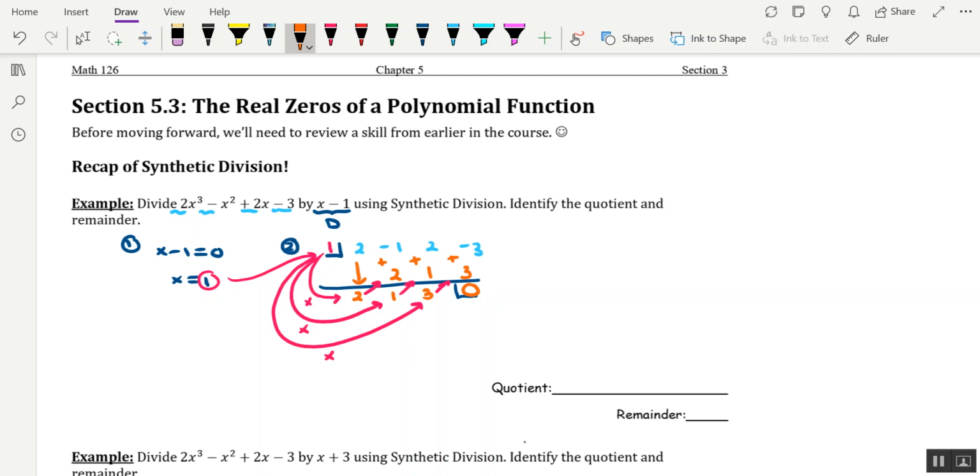The quotient is going to be a polynomial, and the coefficients involved in the polynomial are the numbers that are underneath the equal bar that come before the second half box. So namely 2, 1, and 3. Now the degree of the quotient will always be 1 less than what you're dividing. Alright, so keep in mind that every time you do synthetic division, you reduce the degree of the polynomial by 1. So our polynomial starts out as a degree 3, meaning that our quotient should have a degree 2.